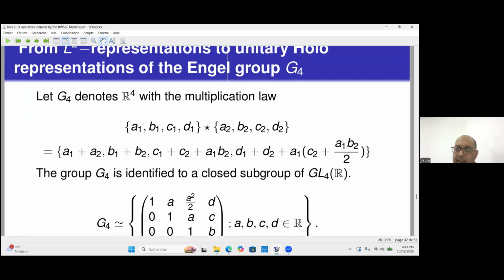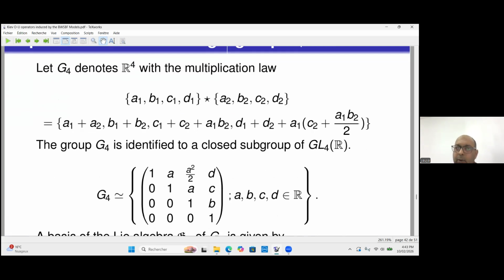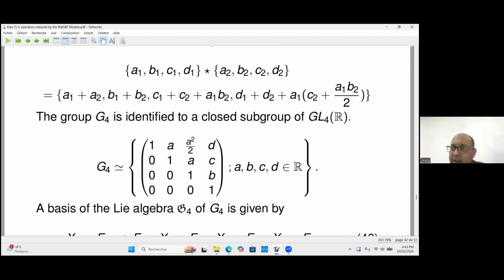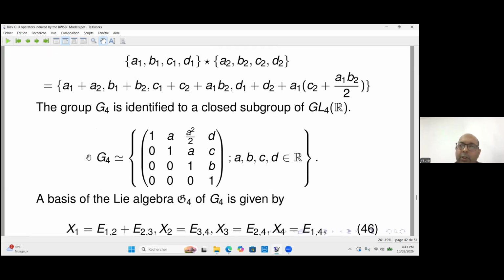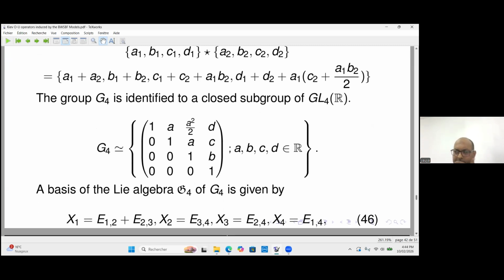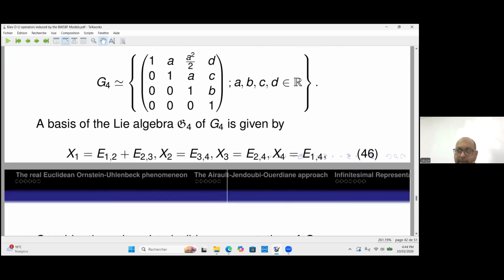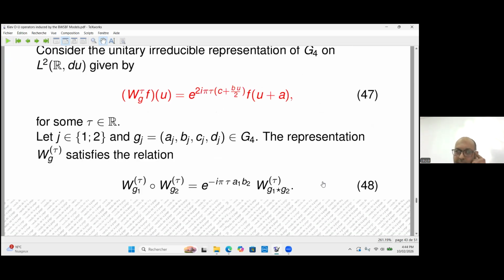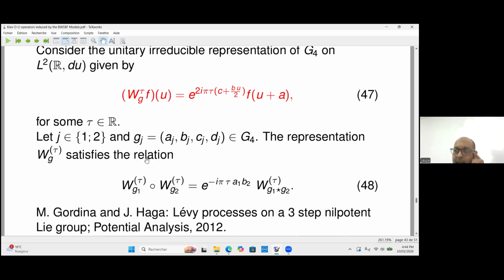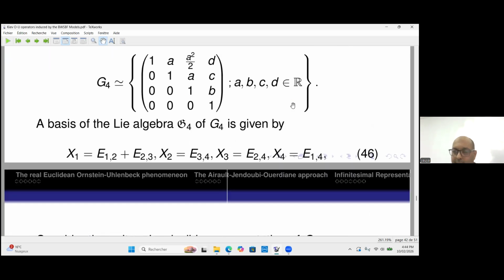And this group is identified with a closed subgroup of GL4 by a natural representation, and we represent it as a matrix Lie group. Its Lie algebra has four generators, x1, x2, x3, and x4, where Ej is the canonical basis of M4(R).